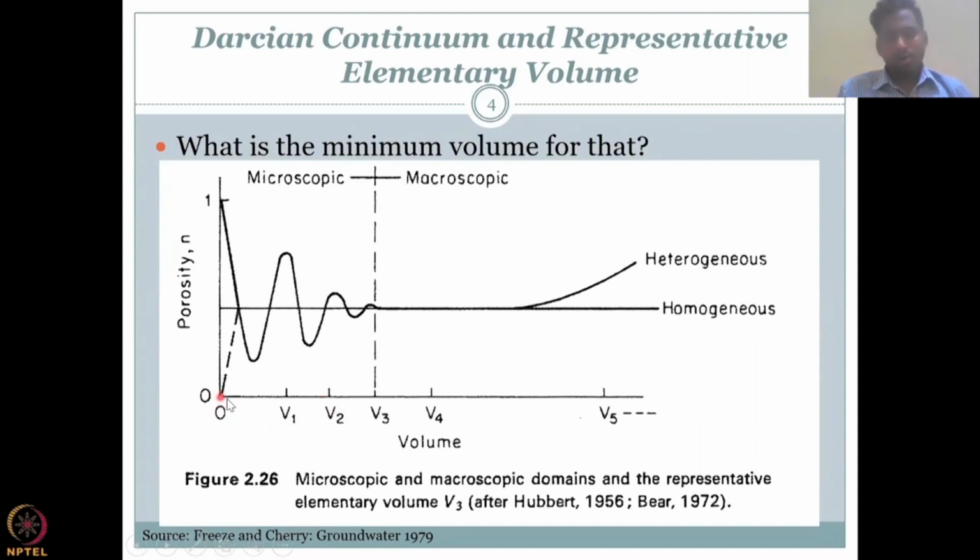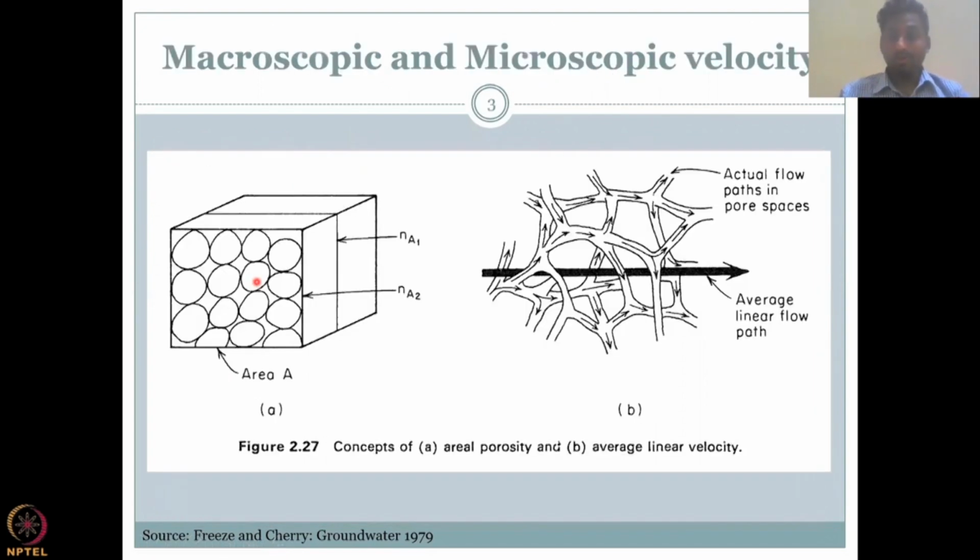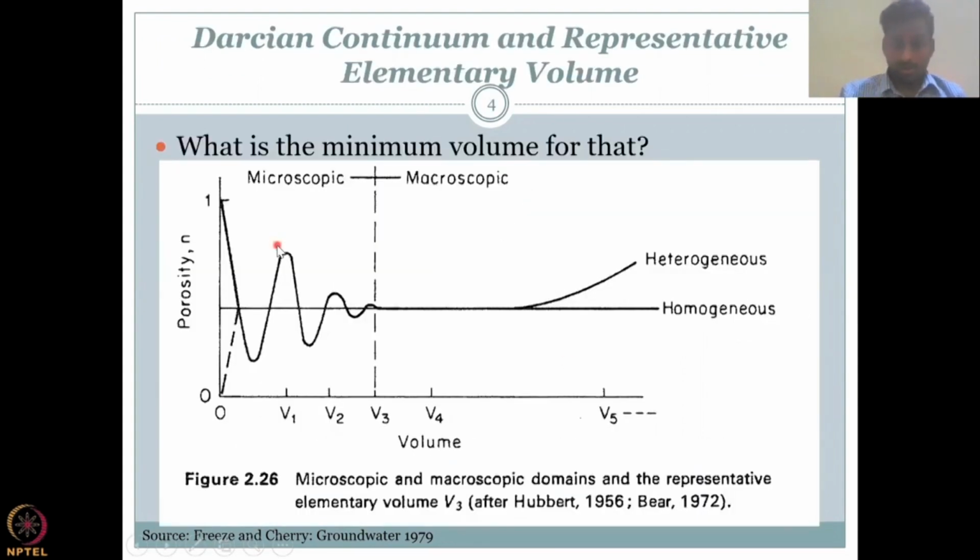So when you have the smallest of the smallest volume of the sample, the porosity fluctuates a lot. This is the microscopic view. And when the porosity fluctuates a lot, you have these preferential flow paths, you have the actual velocities, flow paths in pore spaces, which you see here, and you have changes in the areal porosity. That is in the microscopic region.